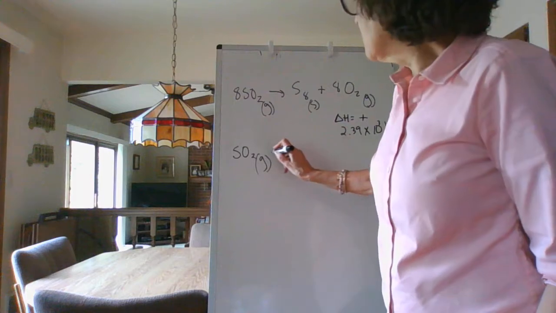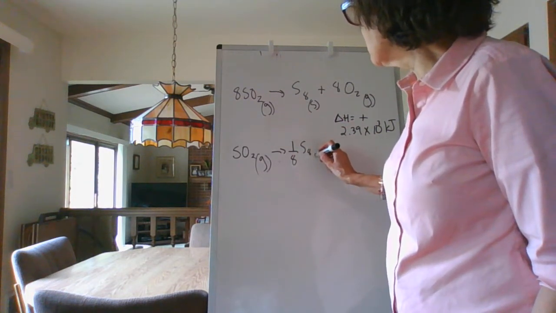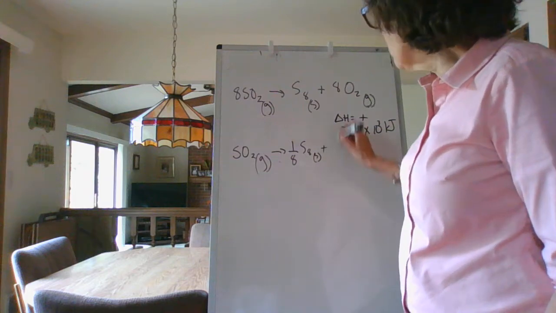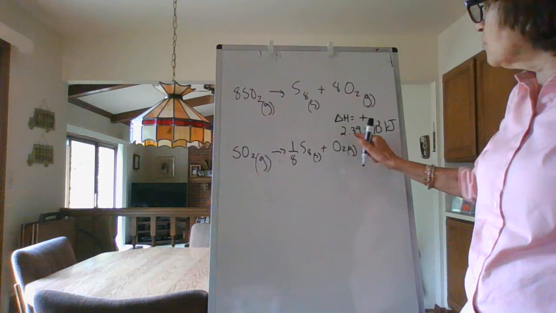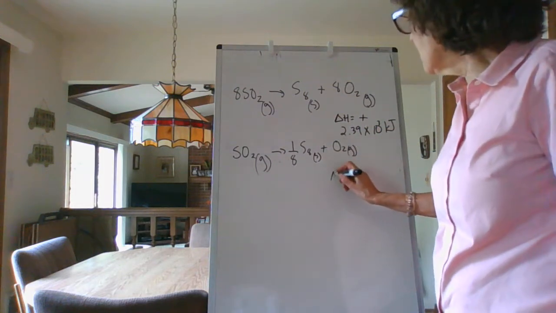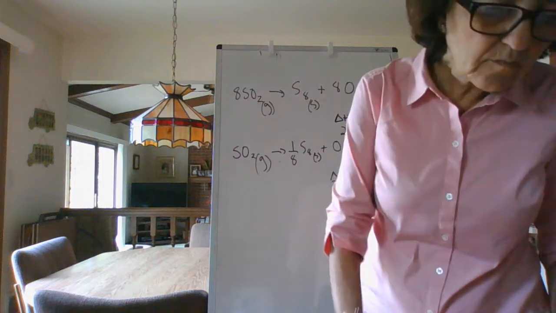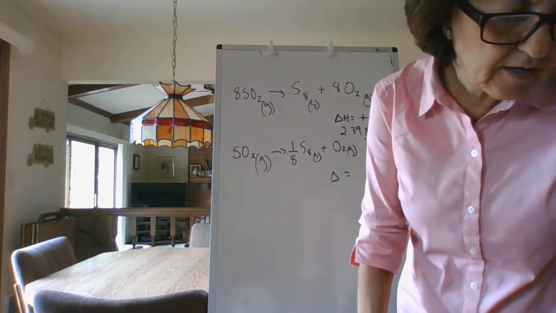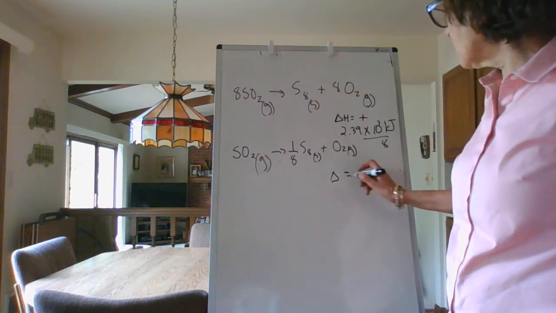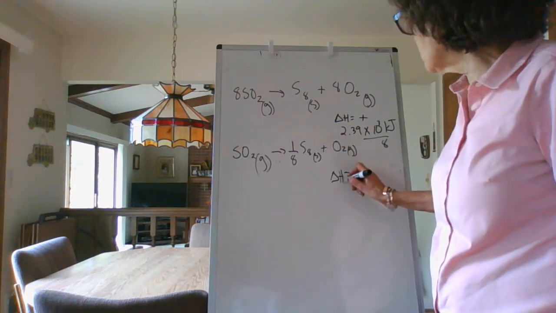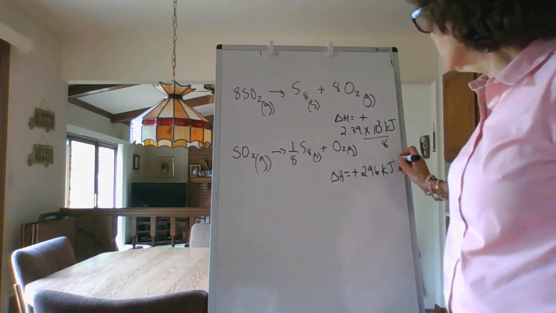So this would become 1 over 8 S8 solid plus 1 O2 gas. And then you take this value here, 2.39 times 10 to the third, and divide it by 8. And I think I have it calculated somewhere, 296 kilojoules. I hope that is right. So delta H is positive 296 kilojoules.